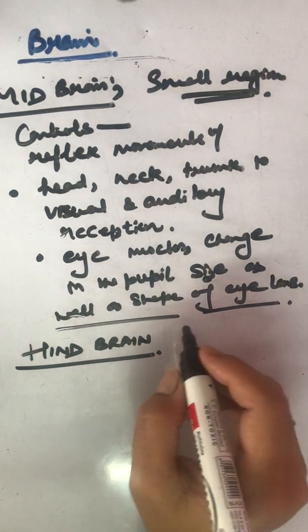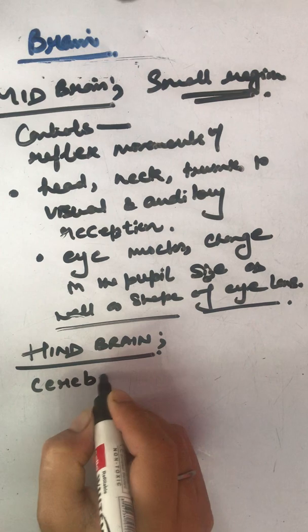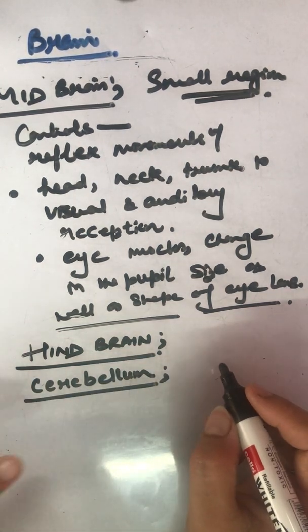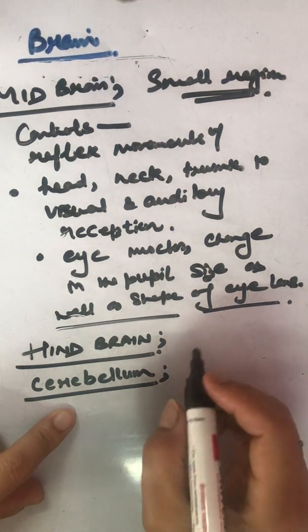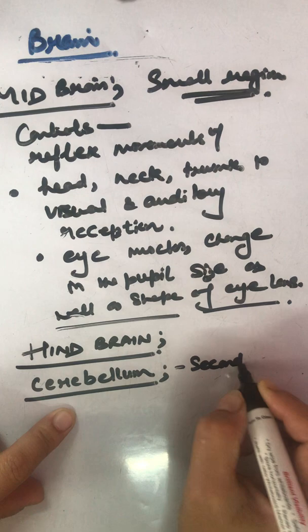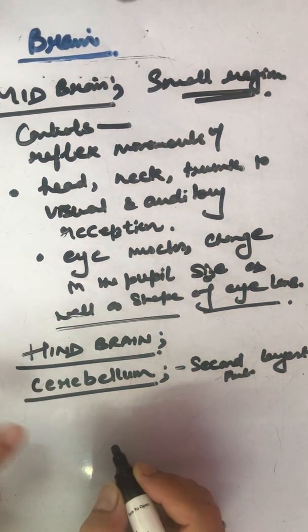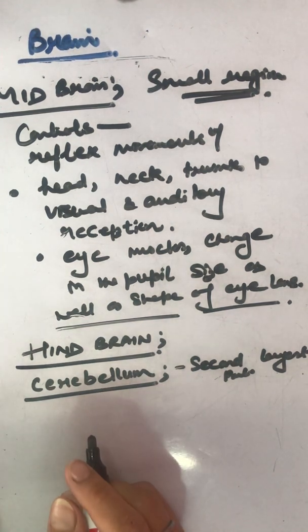Hindbrain further consists of 3 parts. Cerebellum. Do not confuse it with cerebrum, which is in the forebrain. This is cerebellum, the second largest part of the brain. It constitutes nearly 12.5% of the area.